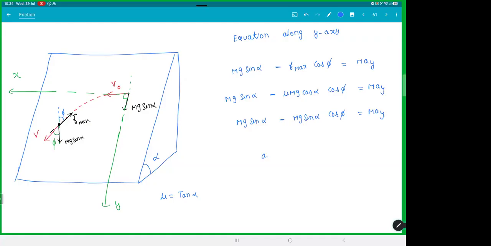M gets cancelled everywhere, and you get ay equal to g sin alpha (1 minus cos phi). Alpha is constant, phi is a variable. This ay is the component of acceleration along the y direction, not the net acceleration. So that's your equation 1.